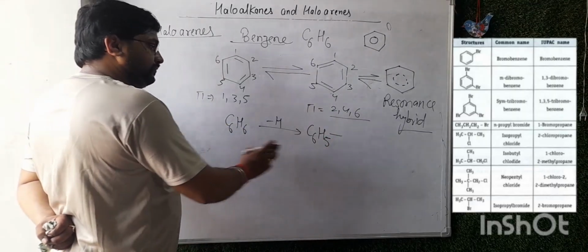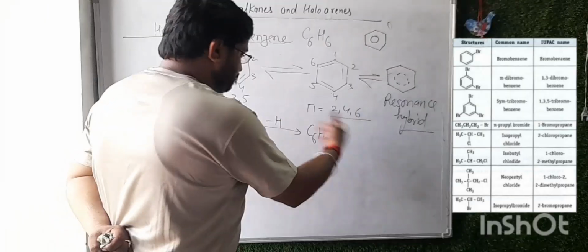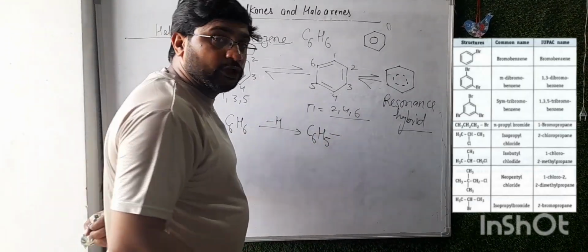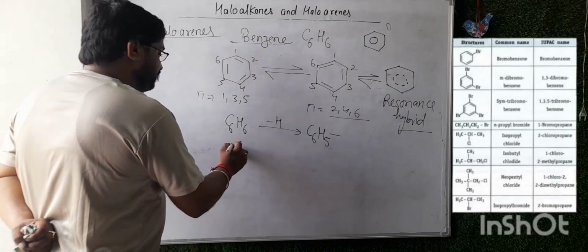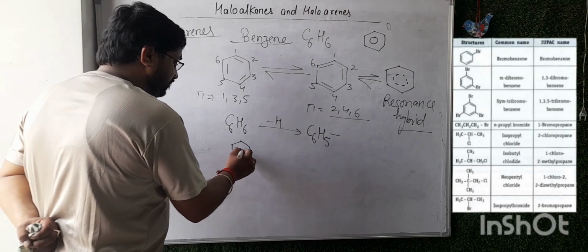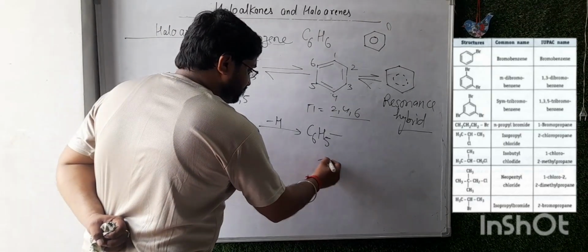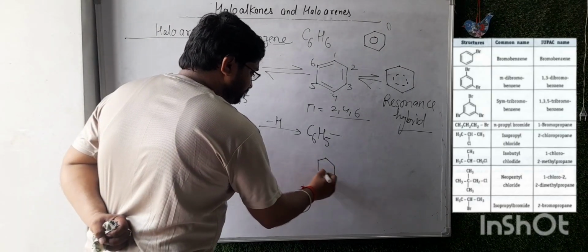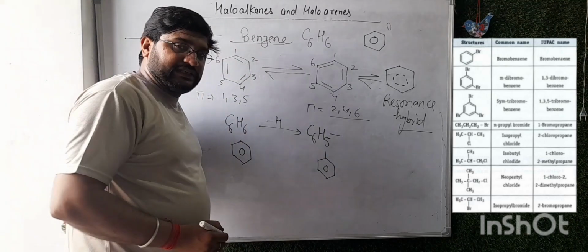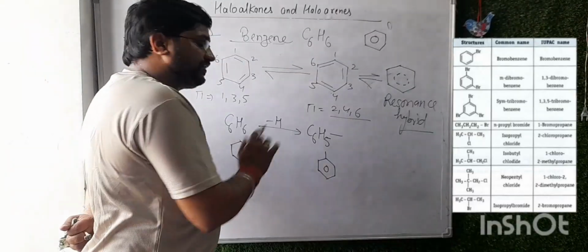One hydrogen can be replaced here, substituted here, then it forms what? This is the phenyl group. Okay, so when you see this structure, be careful. This we have said is benzene, but when you see this structure here, and one valency is free here, that means one bond in carbon here, this is the phenyl.